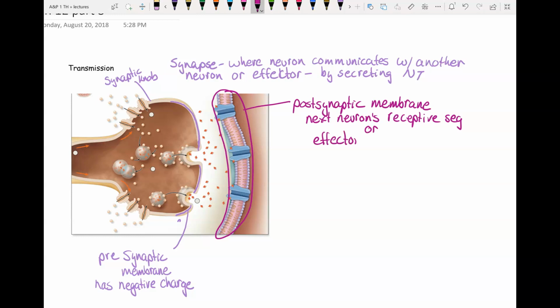Remember, effector is the organ that we're telling to do something. So this could be a muscle or a gland. And it could be skeletal, smooth, or cardiac muscle, any of the three.